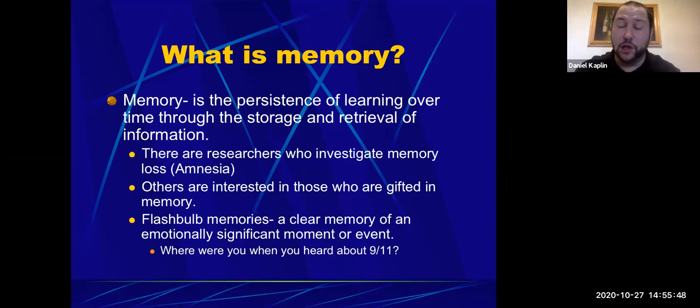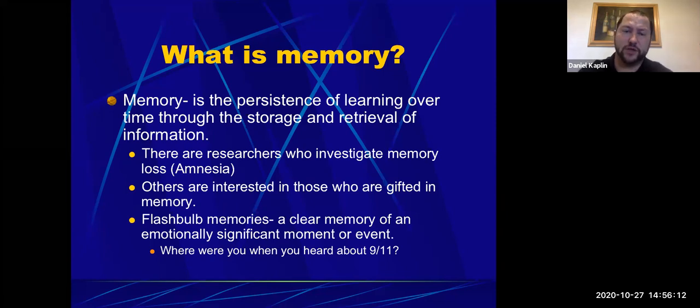So what is memory? I alluded to memory when we talked about the store model, but memory is the ability to maintain learning through time. So it's the process of holding on to things you've learned in the past. Now, it requires the ability to store and retrieve information at a later point in time.